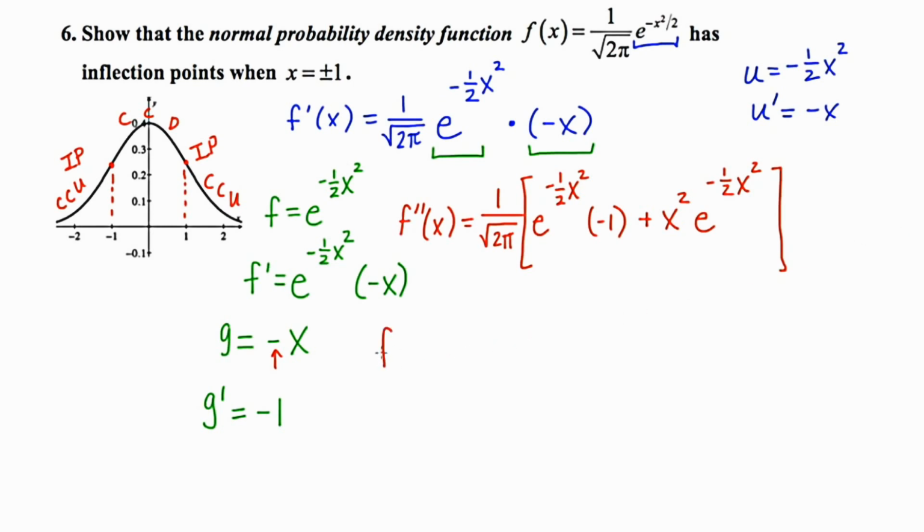So I'm going to come down here where I've got a little bit more space, and I notice that this e to the negative 1/2 x squared is present twice inside of these grouping symbols, so I'm going to factor that out. So I've got this constant out in front, 1 over the square root of 2 pi. I'm going to take out e to the negative 1/2 x squared.